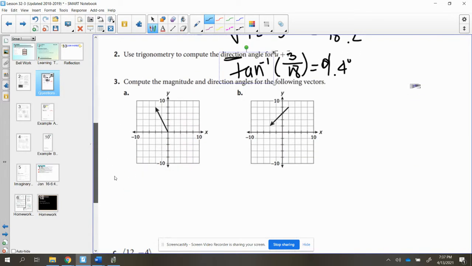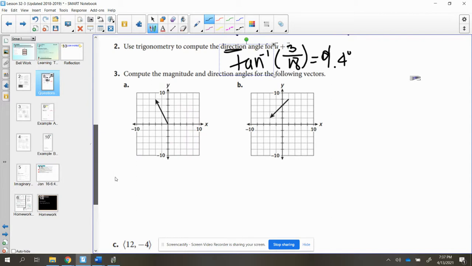Now, looking at some other examples, we want to be aware again of our direction. It's a good time to be careful of the direction of our graph. If we notice this graph, the scale is going up by 2s. We actually are going to the left 4 and up 8 for a resulting vector of -4, 8 in component form.